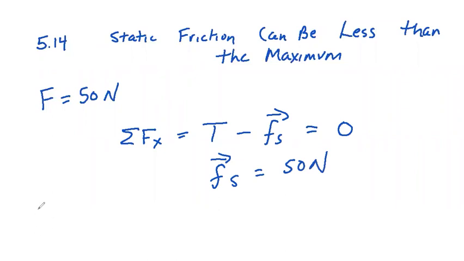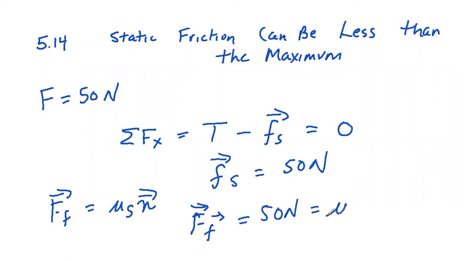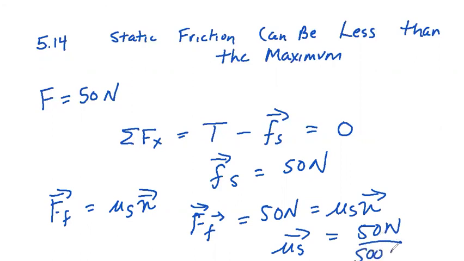From that same equation, F equals mu s times N. We know N, so we are solving for mu s. 50 newtons equals mu s N. Mu s equals 50 newtons divided by N, and we got that from the last problem, 500 newtons. So we're going to get 0.1. Mu s is 0.1.